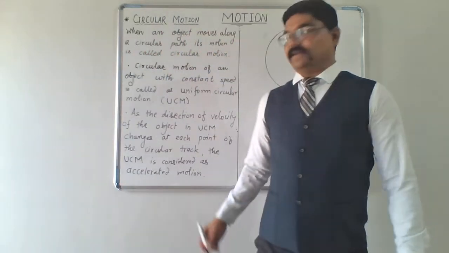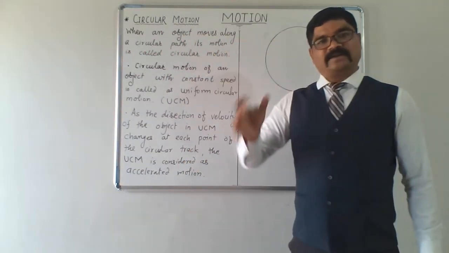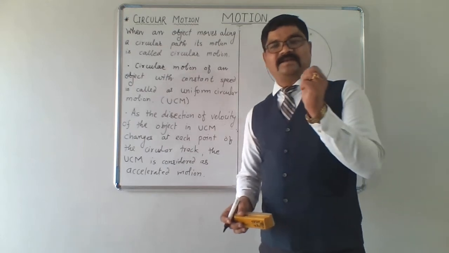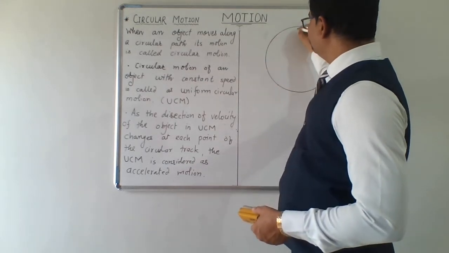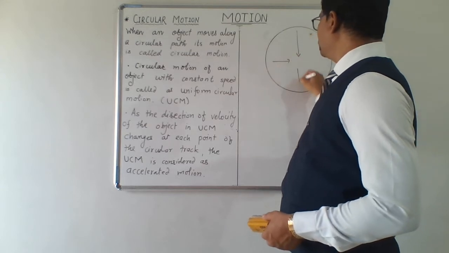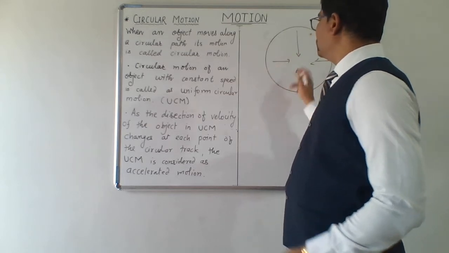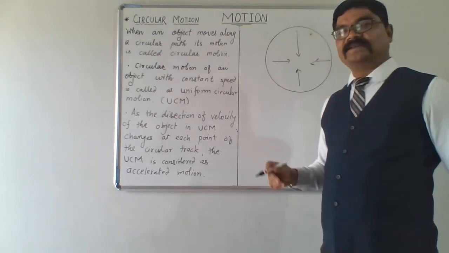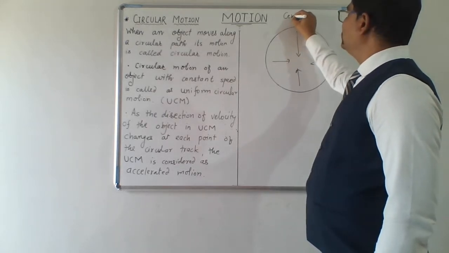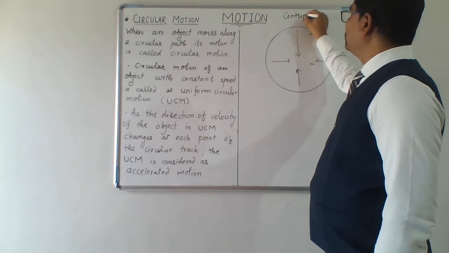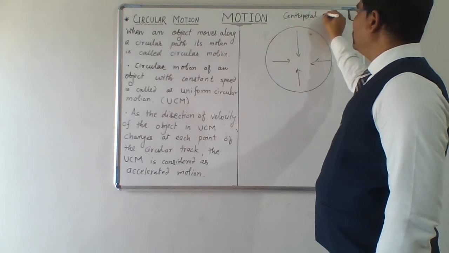This acceleration in case of circular motion is a special type of acceleration whose direction is always towards the center of the circular path, and that's why this is called centripetal acceleration.